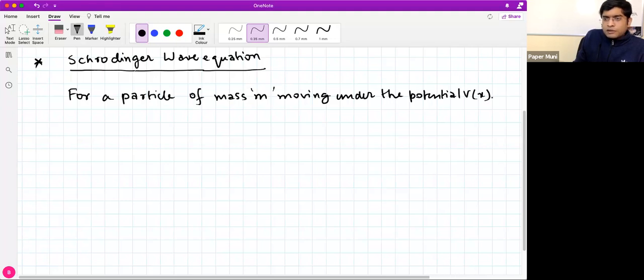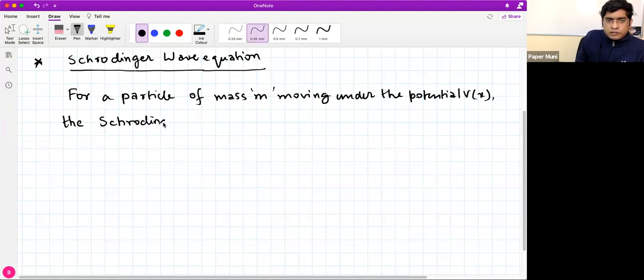In quantum mechanics, we call the potential energy simply the potential. Don't confuse it with the potential from electromagnetic theory, if you have learned that; that potential is different from this one. This is the potential energy. So the Schrodinger equation is given by, let's keep S capital.